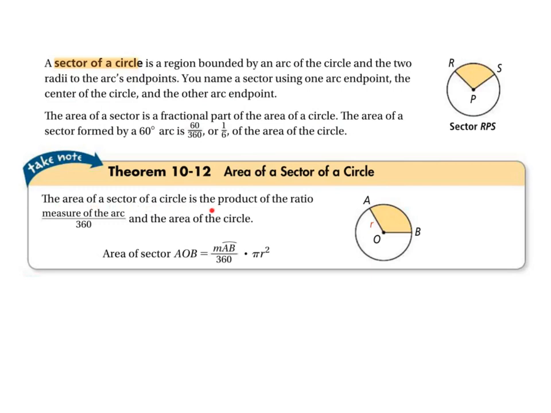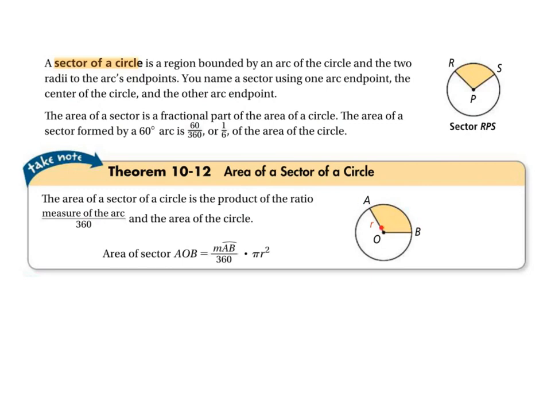The area of a sector of a circle is the product of the ratio, whatever the arc measures. By the way, the central angle and the arc, we both describe those in terms of degrees, the same degrees. So if this was 90 degrees as an angle, this would be an arc of 90 degrees. Okay? So we take the measure of that arc out of a total of 360, that'll give you a fraction of the circle, and then you multiply that by what the total area is. So here they write it.